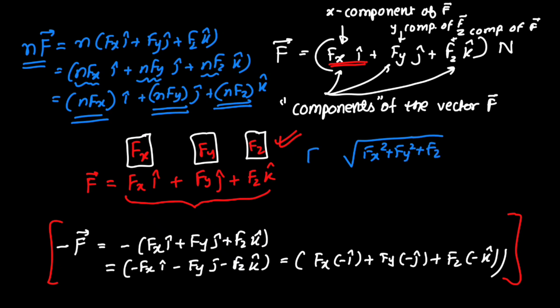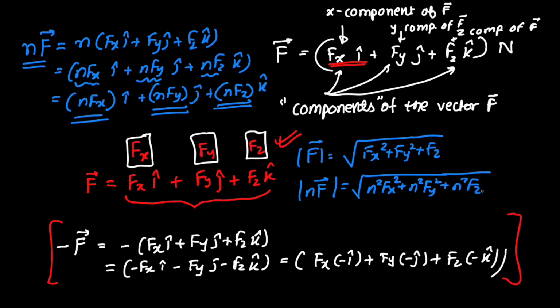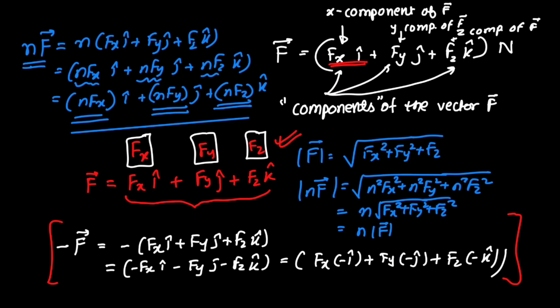This is the magnitude of the original force, and the magnitude of nF is then going to be the square root of n squared fx squared plus n squared fy squared plus n squared fz squared, and you can take n squared common, and out of the square root you then have fx squared plus fy squared plus fz squared, which is n times the magnitude of F. So this gives you simply a force which has a magnitude n times the magnitude of the original force, and the direction of the force all remains the same.